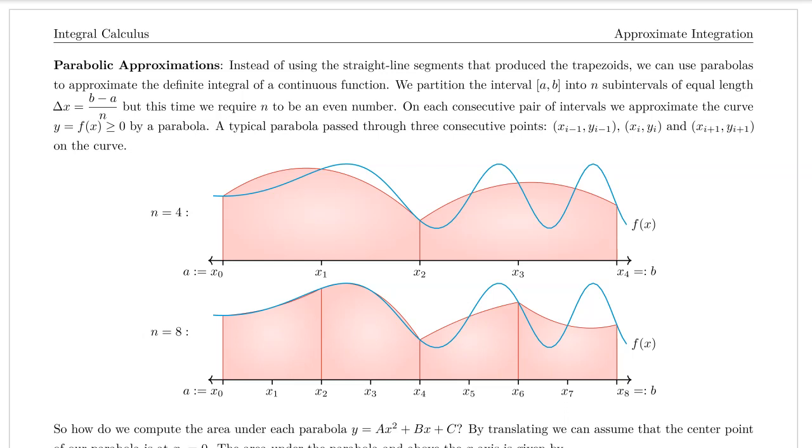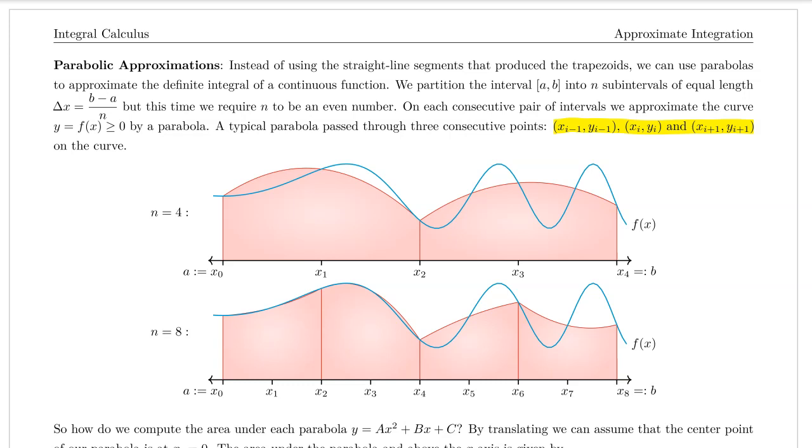On each consecutive pair of intervals, we approximate the curve y equals f of x, which is greater than or equal to 0, by a parabola. A typical parabola passes through 3 consecutive points, which are labeled here on the curve.